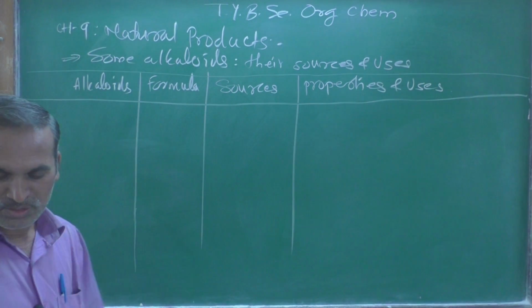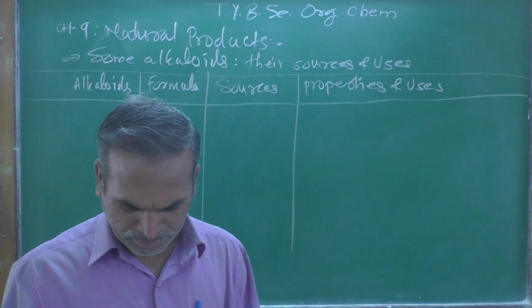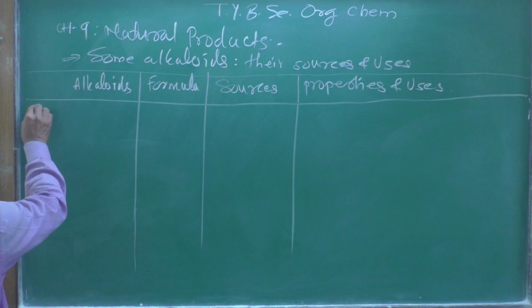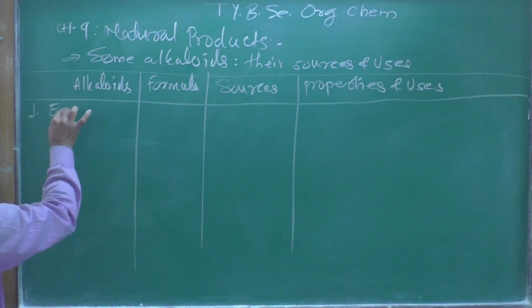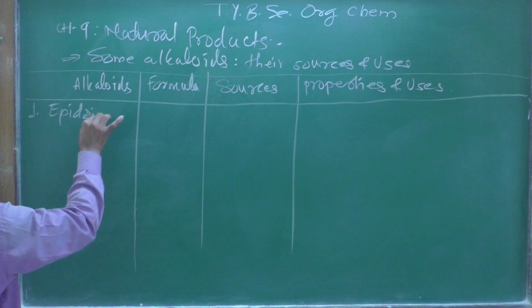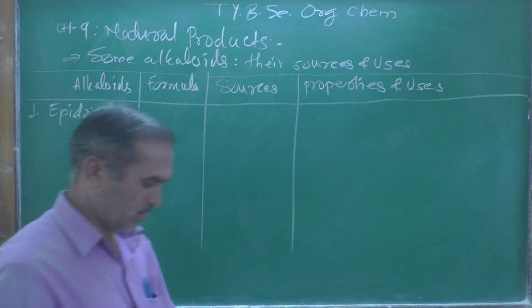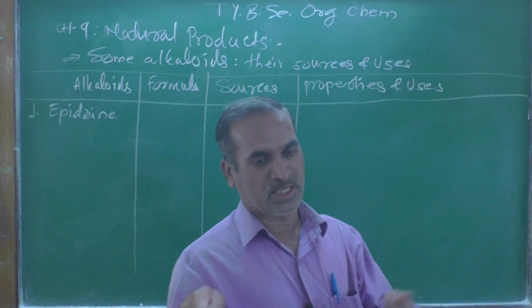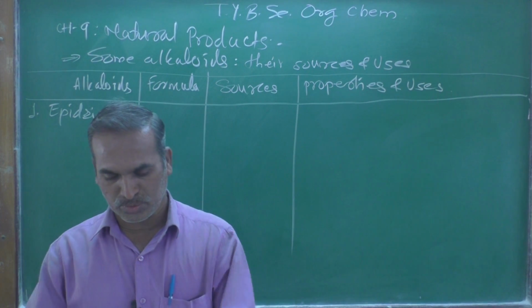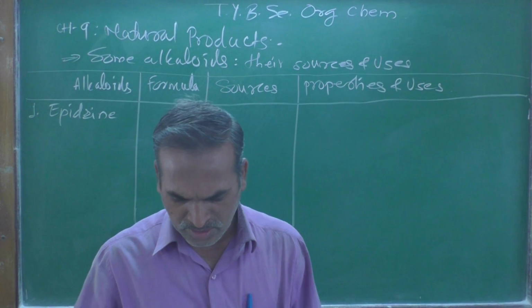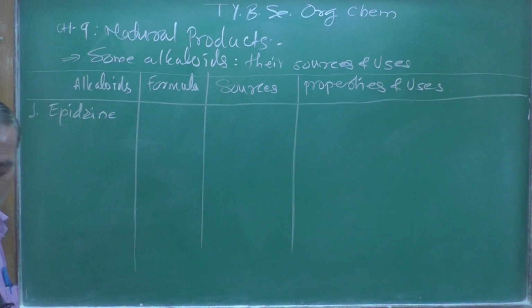First one is ephedrine. It is one of the first alkaloids we are going to discuss at T.Y.B.Sc level.